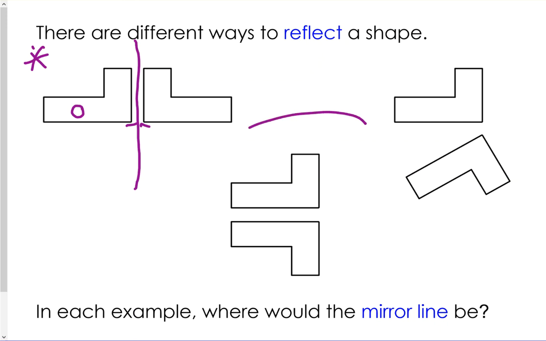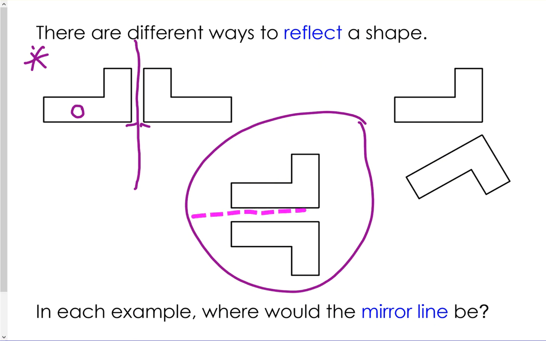Consider the set of images down here. Where would the mirror line be? Point to it with your finger. The mirror line for these 2 shapes would be a horizontal line. Equal distance from each shape.